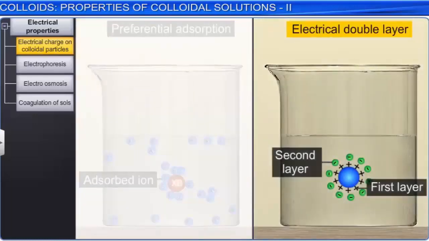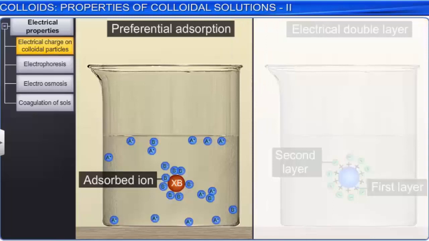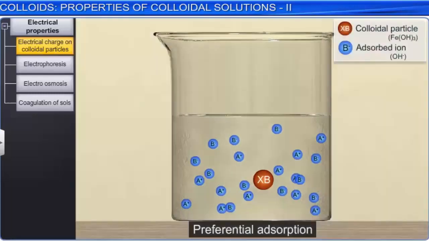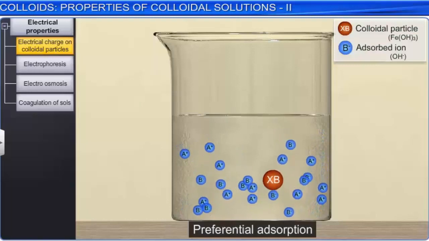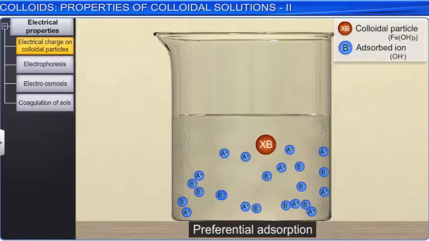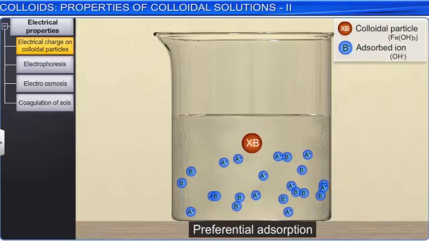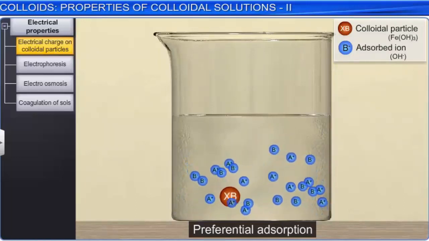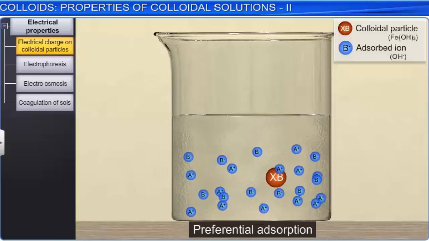Let us discuss the most accepted reason first, the preferential adsorption of ions. Colloidal particles have the tendency to preferentially adsorb a particular type of ion from the solution. An ionic colloid preferentially adsorbs the ion common to the colloidal particles from the solution.